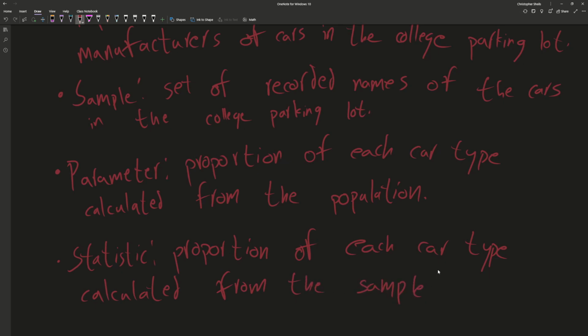Since most of the time we can't survey the entire population, we can't typically find the parameter.